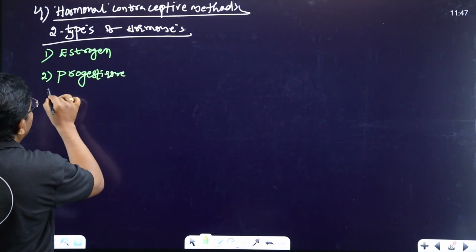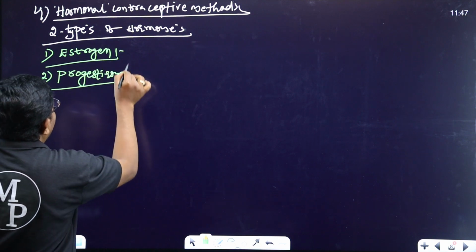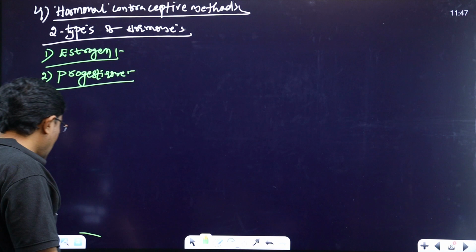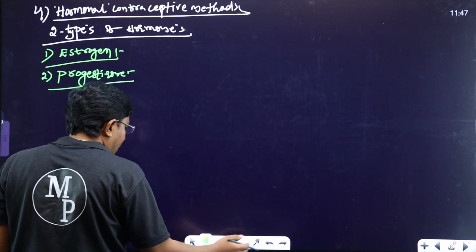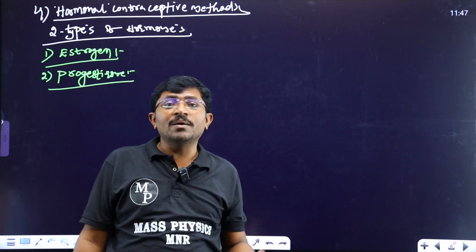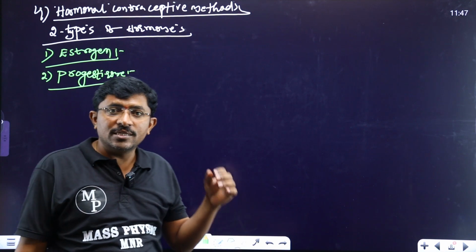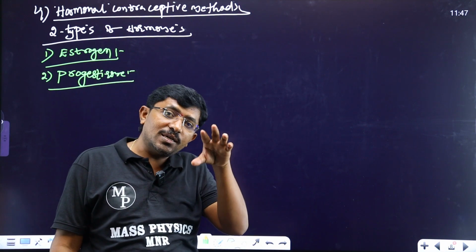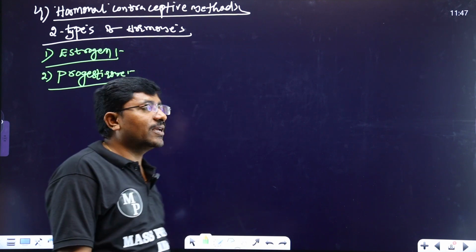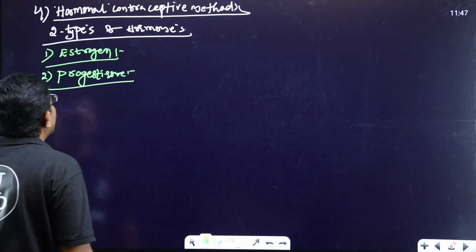Estrogen and progesterone, these two types of hormones are used to prevent the pregnancy. Actually these two hormones help to maintain the pregnancy, as well as delay the pregnancy also. Understood? Very clear information it is.